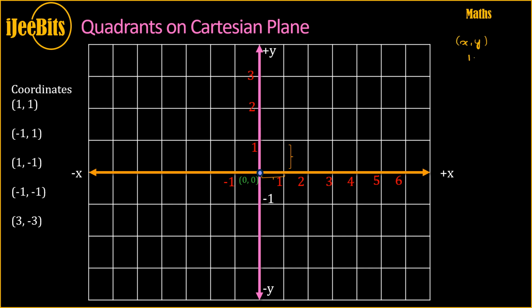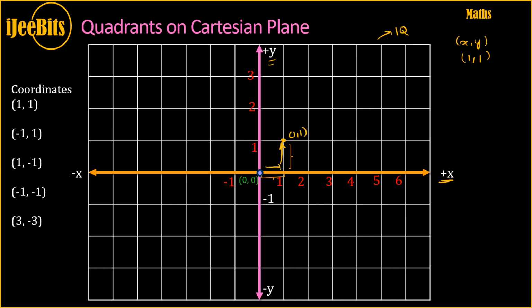When I say (1, 1), x is positive and y is positive, so it should be in this quadrant. This quadrant is the first quadrant, where x is positive and y is also positive. So from the origin you travel in the x direction 1 unit. From there you travel in the y direction, upward, 1 unit. That junction point is nothing but your coordinate point (1, 1).